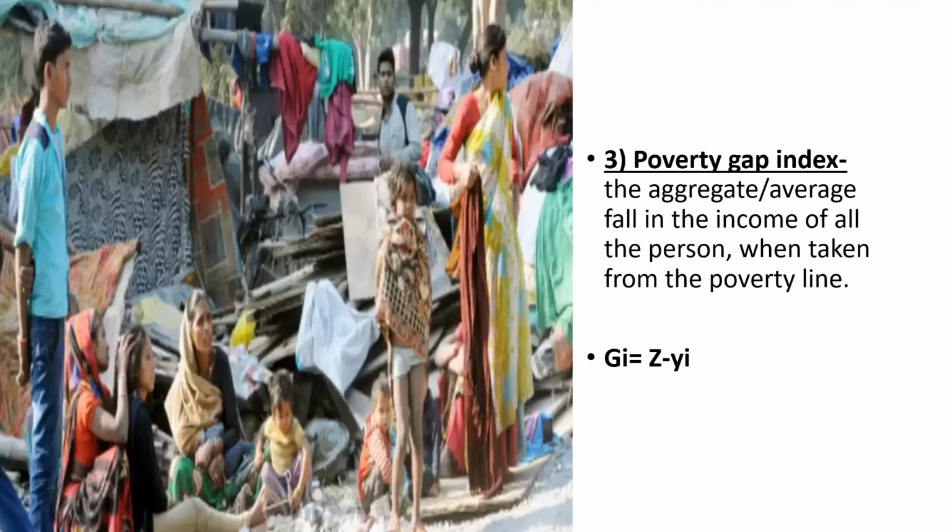It can be denoted with the help of this equation: GI is equal to Z minus YI, where GI represents the poverty gap, Z is the poverty line, and YI is the actual income of the poor individuals. It gives an indication of the depth of the poverty. This also indicates the amount which may be directly transferred to the poor persons to eradicate poverty from them.